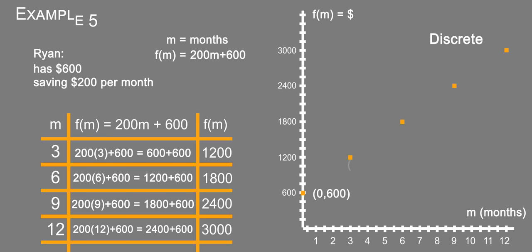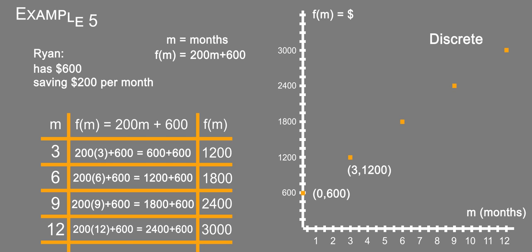At 3, 1,200, he's saved for 3 months, and he has saved $1,200. So with each input, we're looking at the number of months. With each output, we're looking at what he has saved at that number of months.